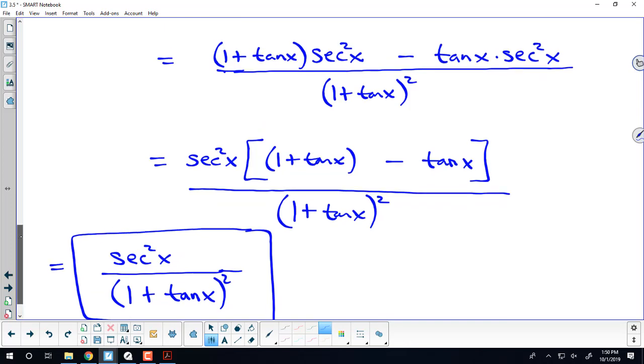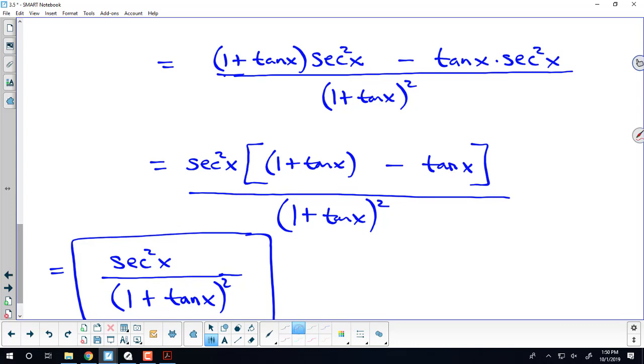But I think, again, it's worth noting that this stage right here is completely fine on the exam, where if it says don't simplify, this is okay for the exam. If the instructions say do not simplify.